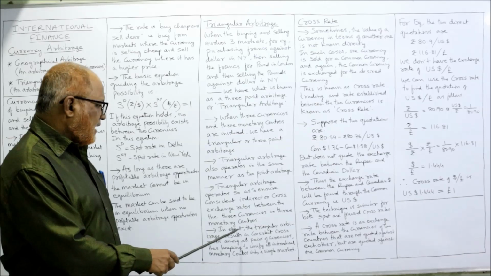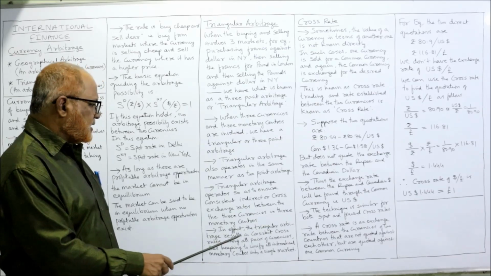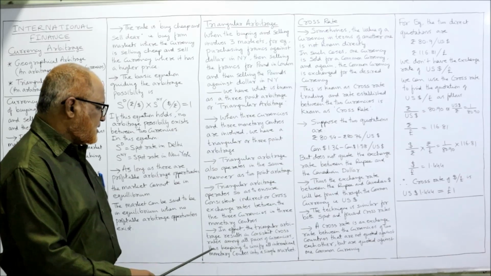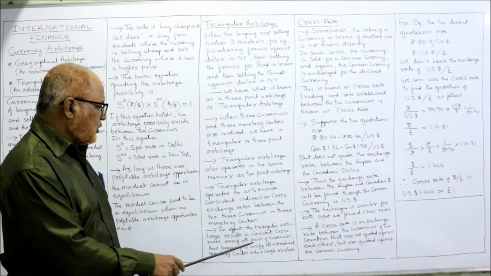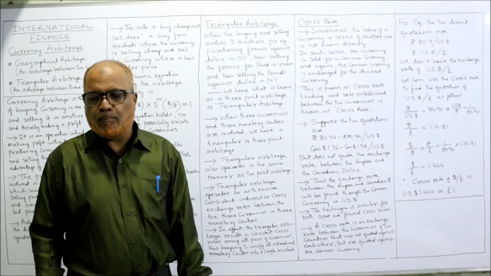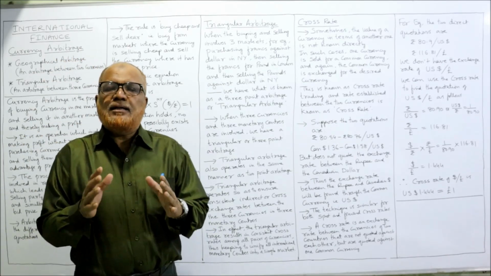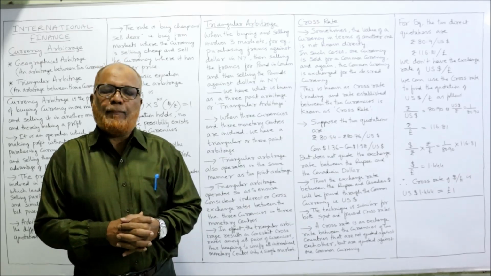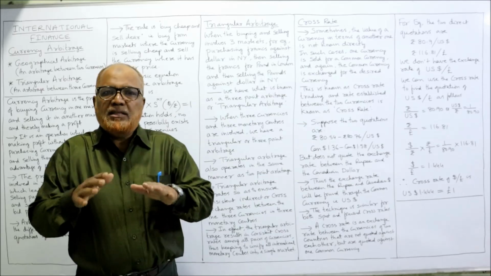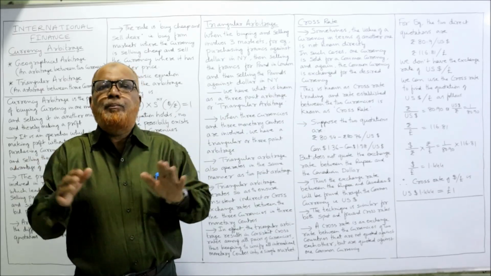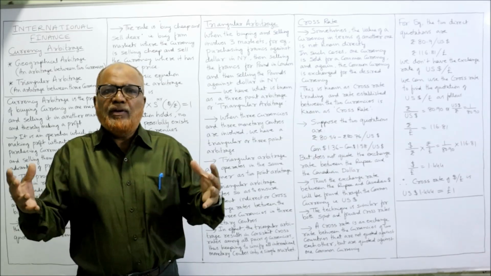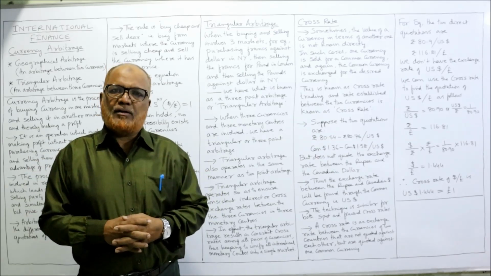In effect, triangular arbitrage results in consistent cross rates among the pairs of currencies, thus unifying all international monetary centers into a single market. By conducting this three-way arbitrage, there will be consistency in the cross rate, and there will be equilibrium in all the financial markets. It will unify all the financial markets.